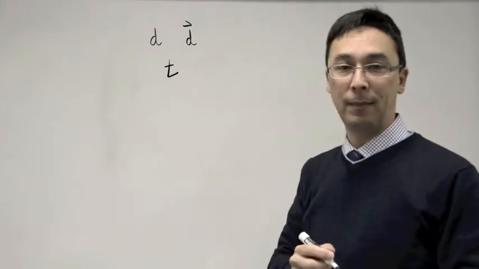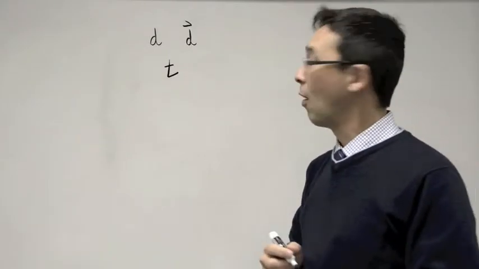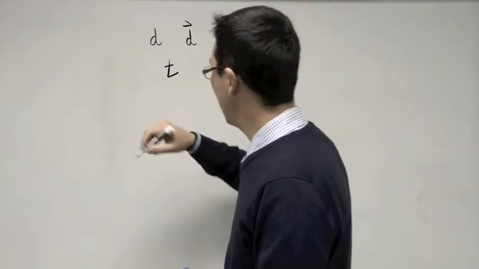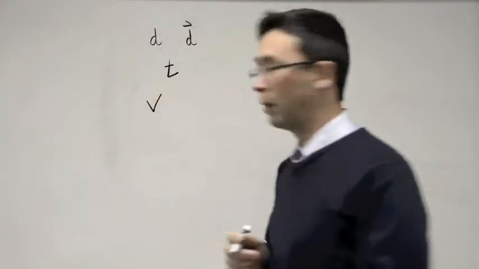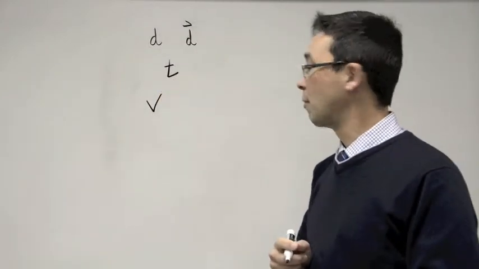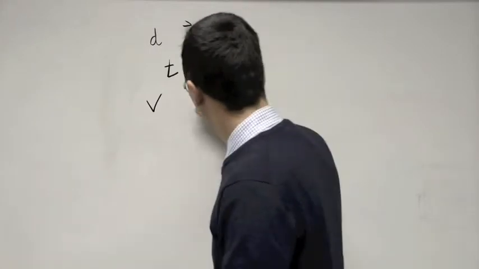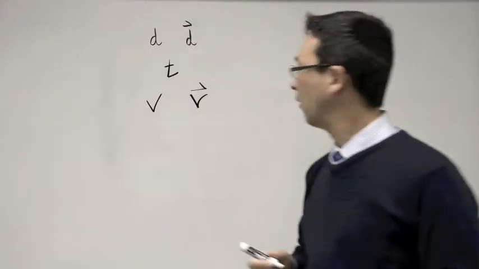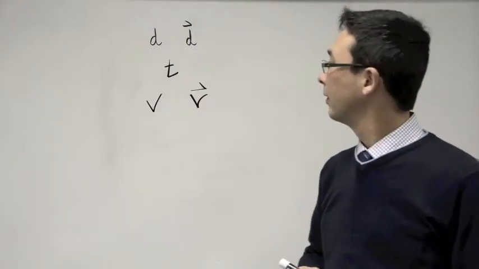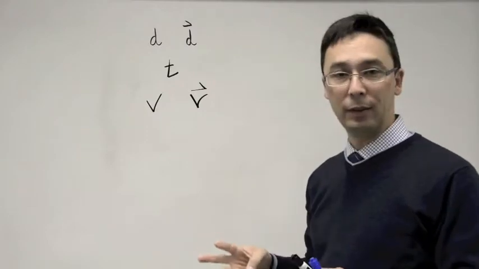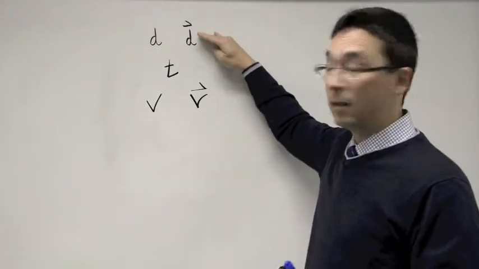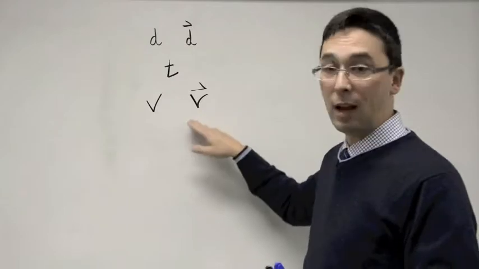And thirdly, speed or velocity. For speed, we use a small v, and for velocity, a small v with a little vector symbol above it like that. Three variables: distance, time, and speed or velocity.